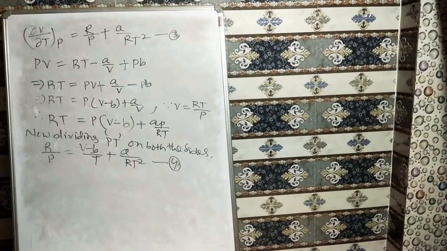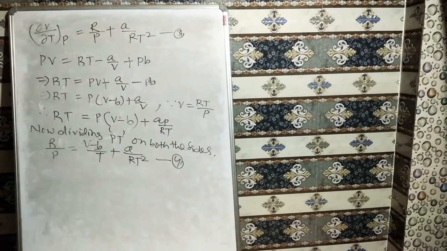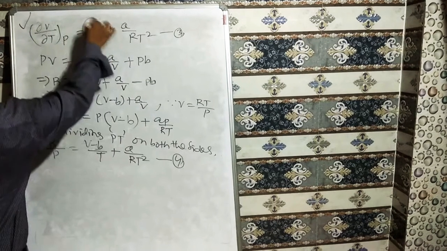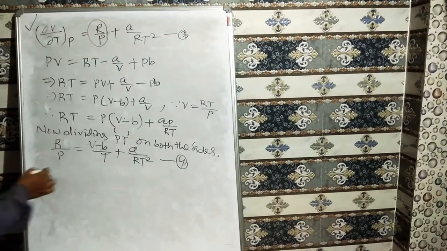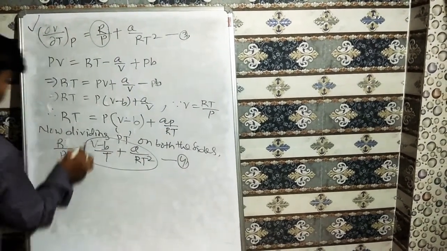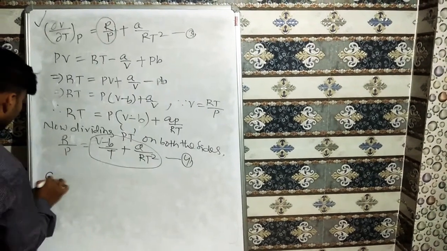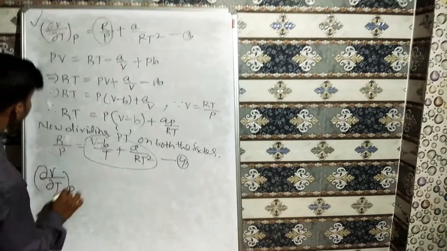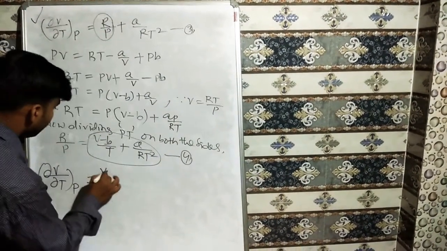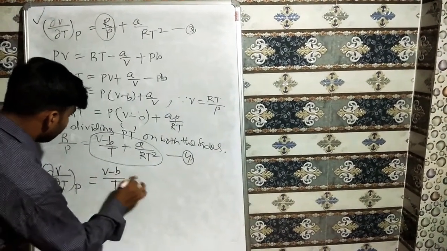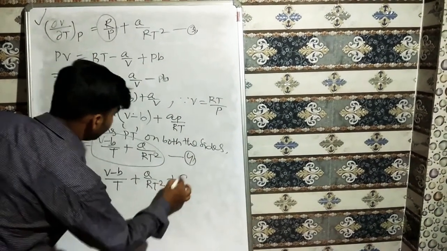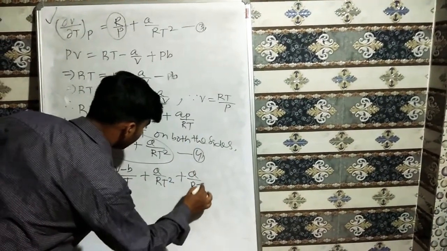Now substituting the value of R by P in the above expression 3. In the above expression 3, in the place of R by P, if we put this value, then we get del V by del T at constant P is equal to V minus V by T plus A by RT square plus A by RT square.